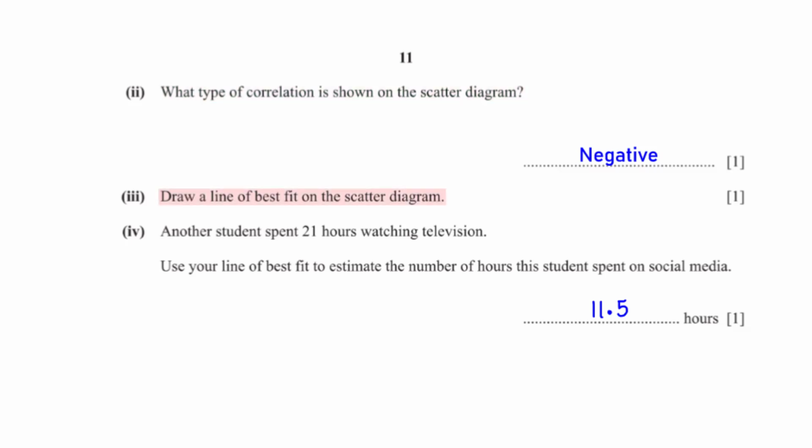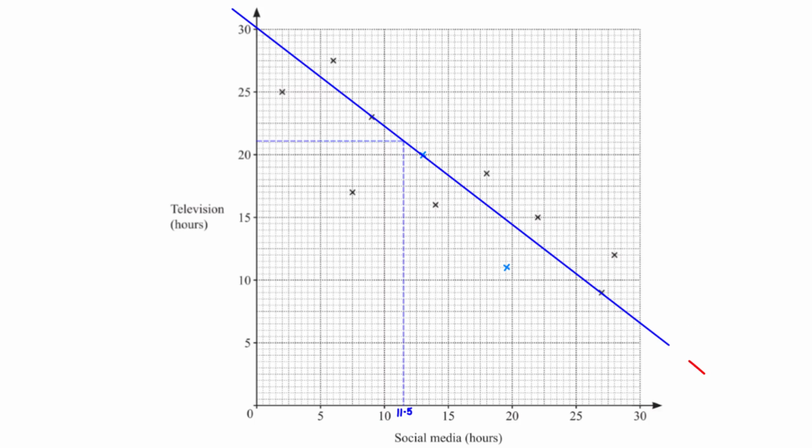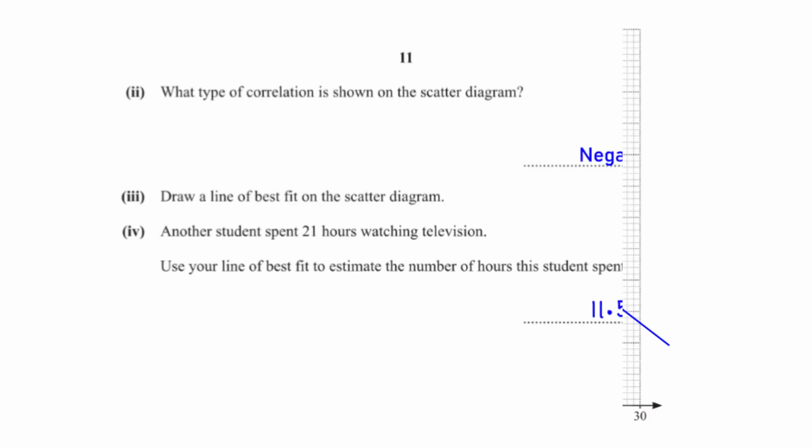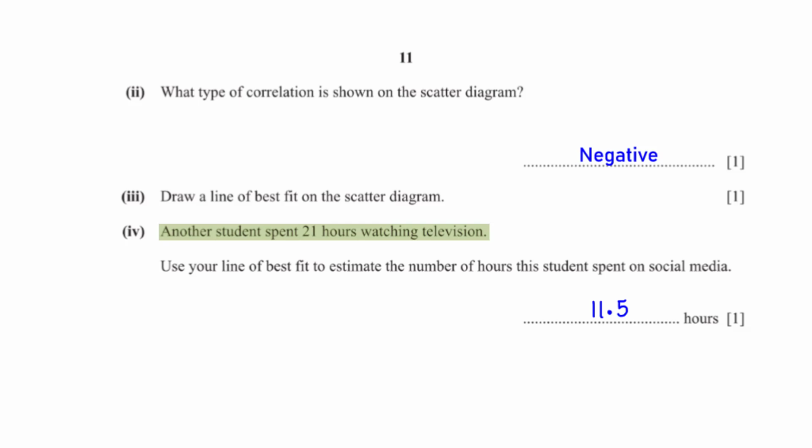Draw a line of best fit on the scatter diagram. The general rule of thumb for drawing a line of best fit is to ensure the line passes through as many points as possible while balancing an equal number of points above and below the line. Another student spends 21 hours watching television.